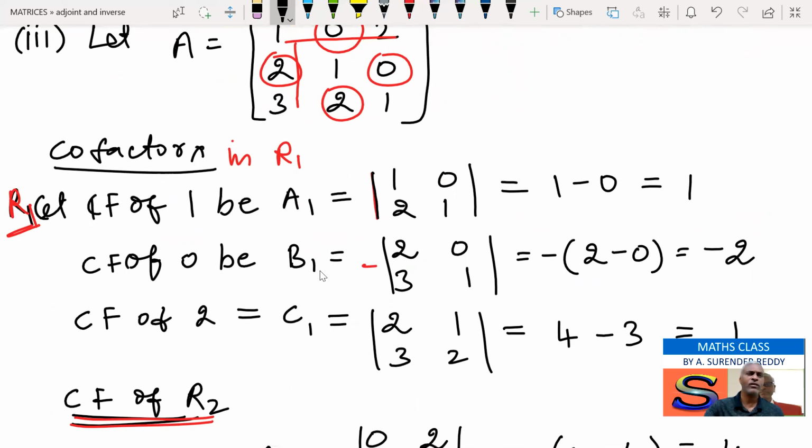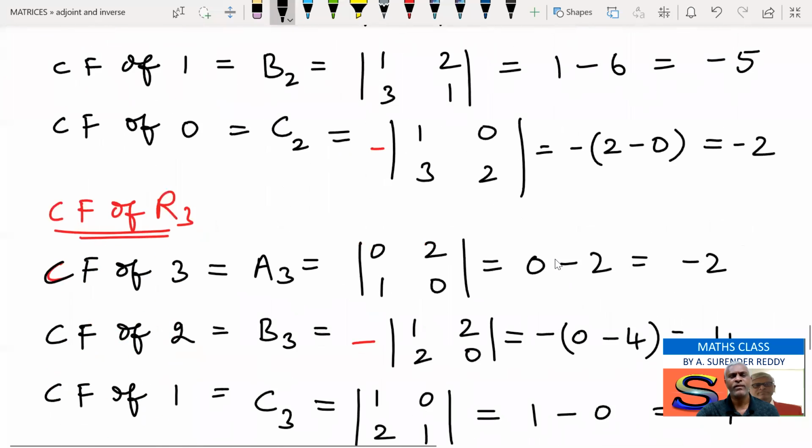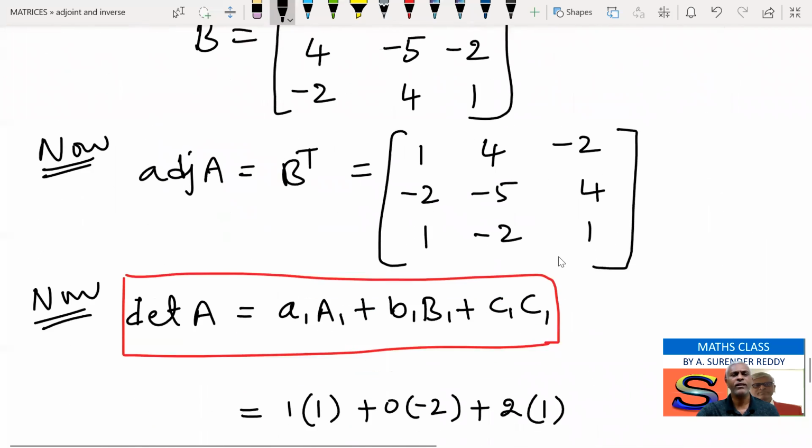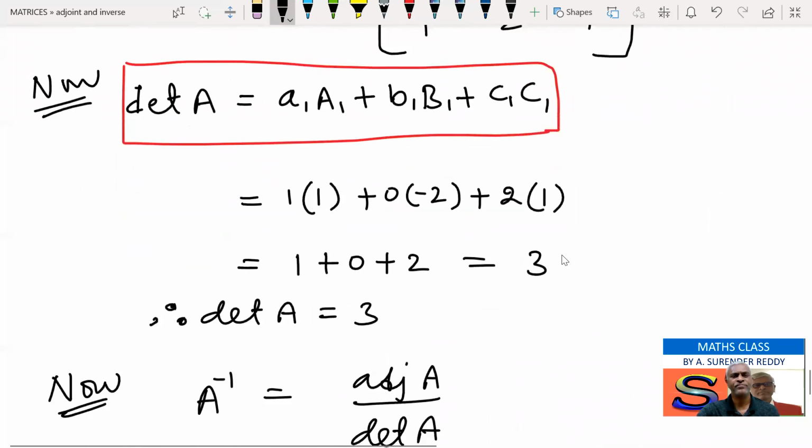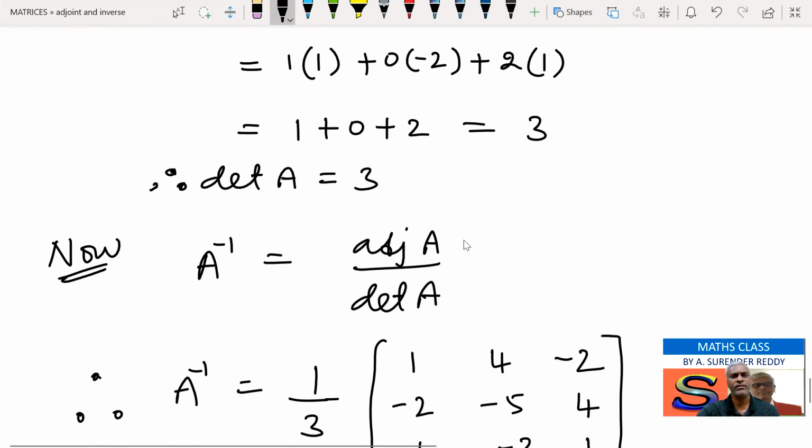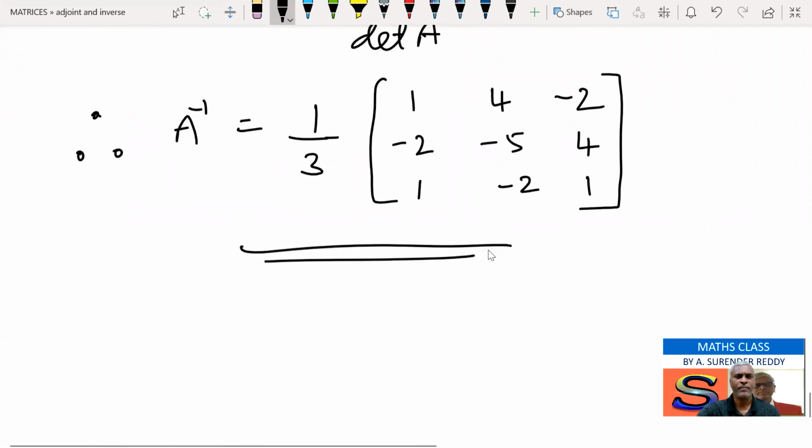Otherwise if you want only determinant you have to take element into this 4, element into this 4, element into this 4. Already we did in the last class how to find determinant of 3 by 3 matrix. So after finding adjoint and determinant, A inverse is equal to adjoint by determinant.